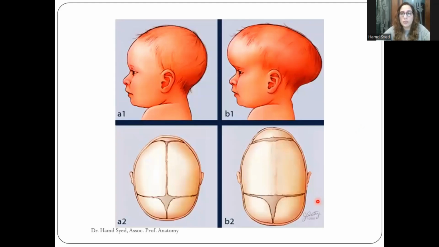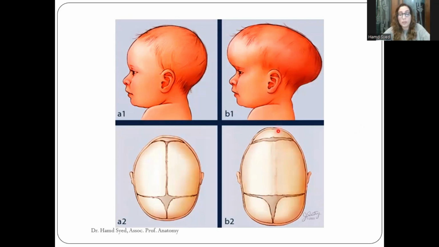So here is a simple diagram showing us the comparison. A is a normal baby, a baby with a normal shape of the head, and B is the baby with scaphocephaly. So you can see the skull is long and narrow, and there is a frontal expansion and an occipital expansion.